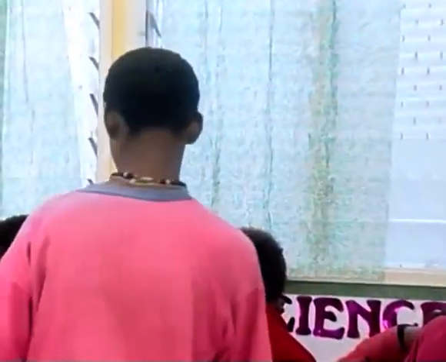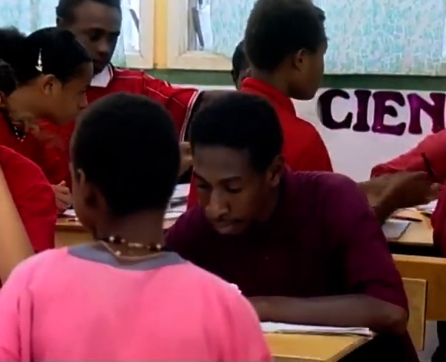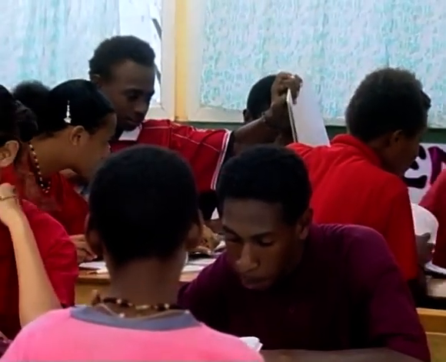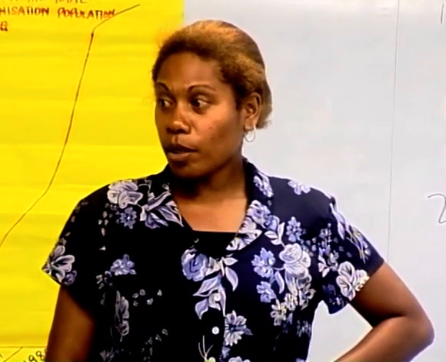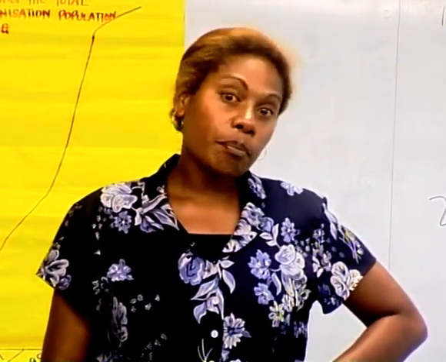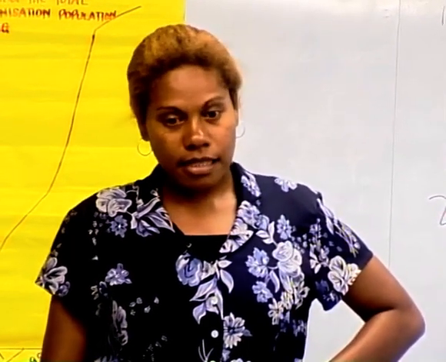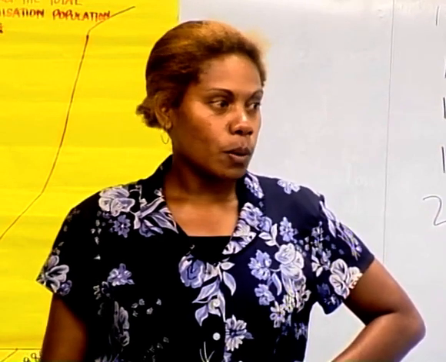Manus province. All right, Manus, did you hear? Manus province, because if you look at the map, you'll find that the province is covered in purple, right? And the purple color is sago.